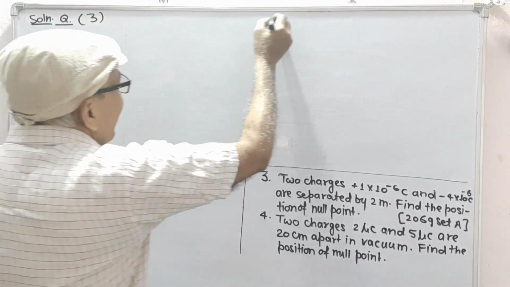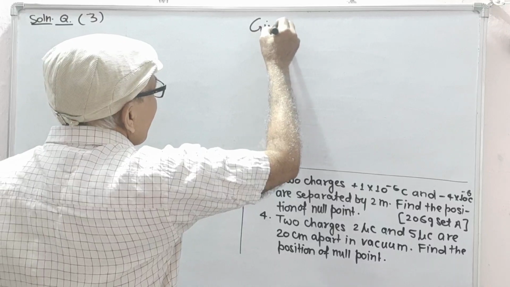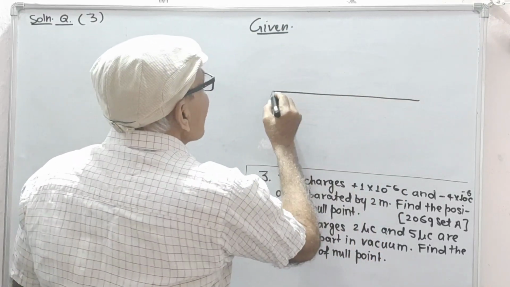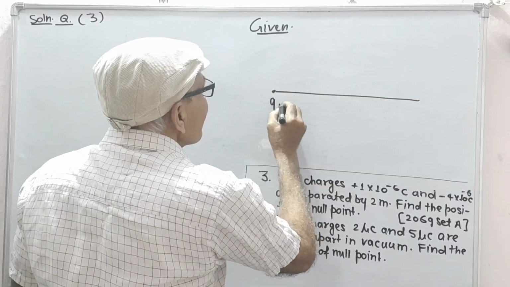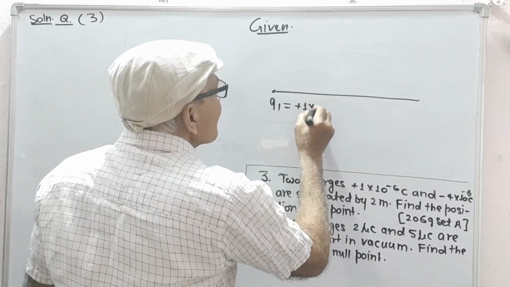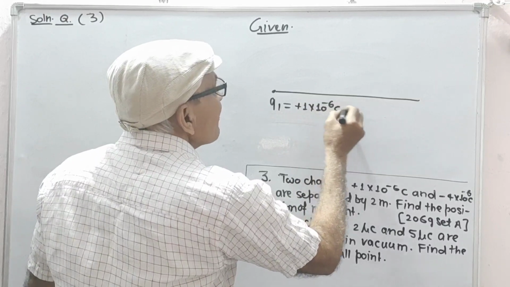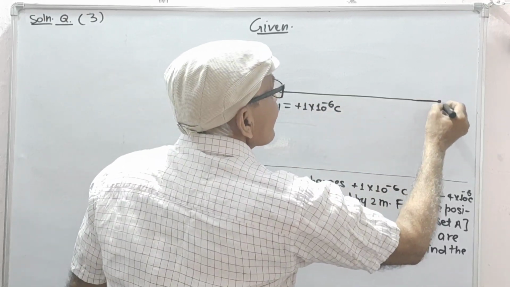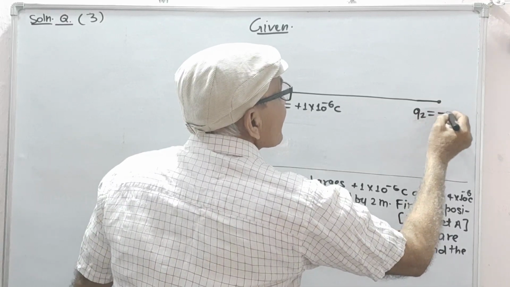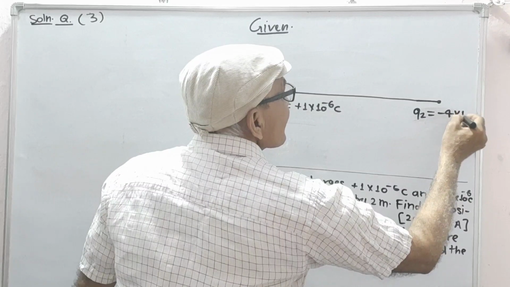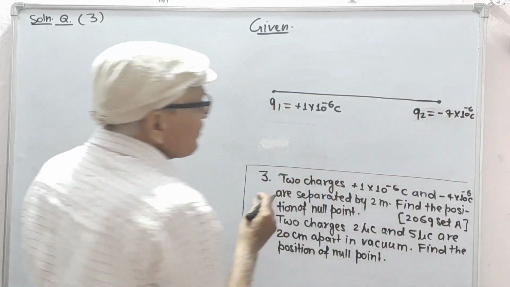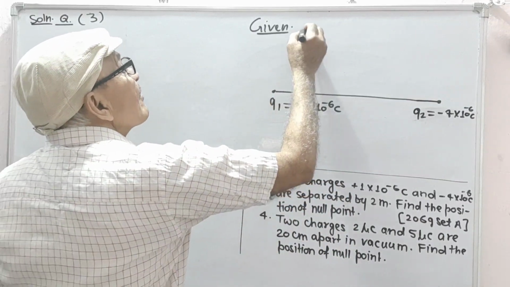Here given, one charge is q1 equal to plus 1 into 10 to minus 6 coulomb and the other charge is q2, which is minus 4 into 10 to minus 6 coulomb. We have to find a neutral point.